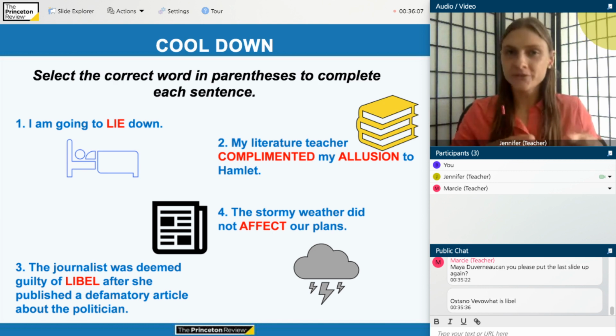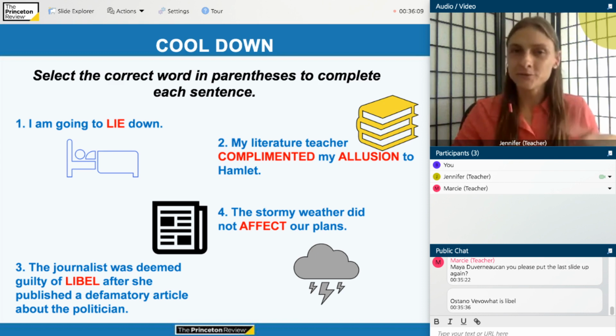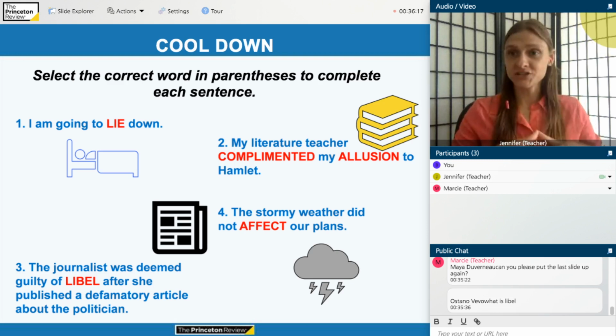There are very specific situations on what's libel and what's not. If you Google and you look up all the specifics, you can go down a wormhole. But when you're thinking about defamation specifically, the written is libel, and the spoken form is slander.